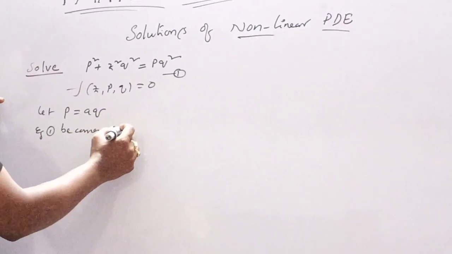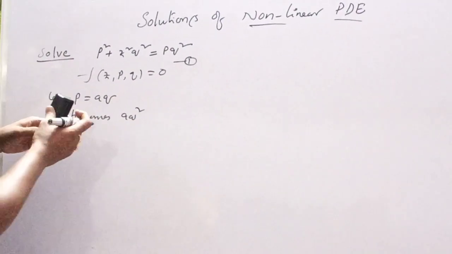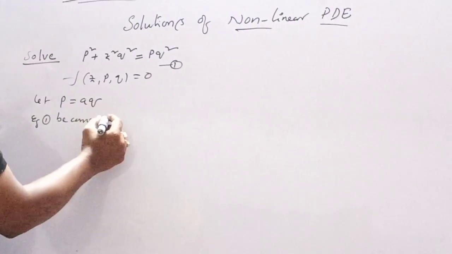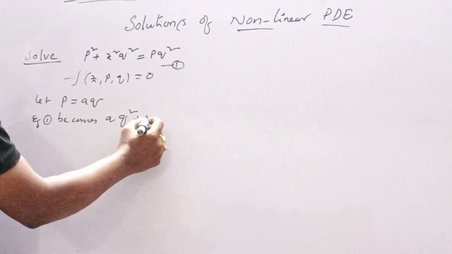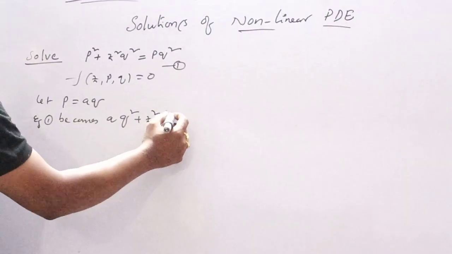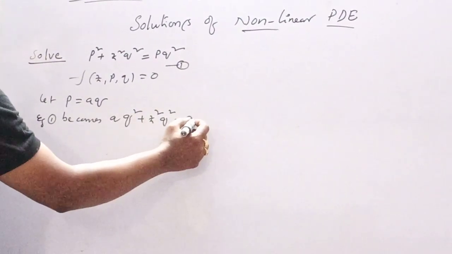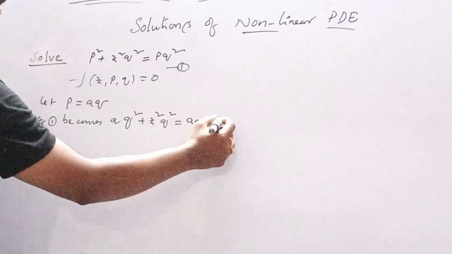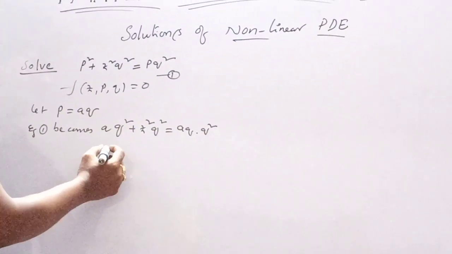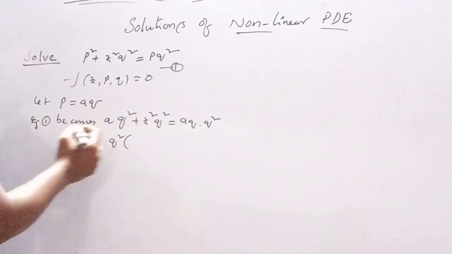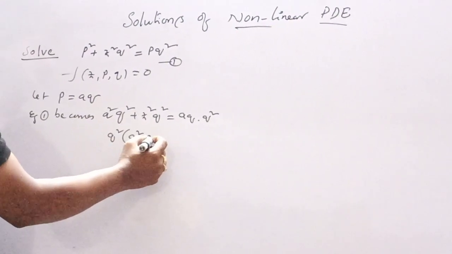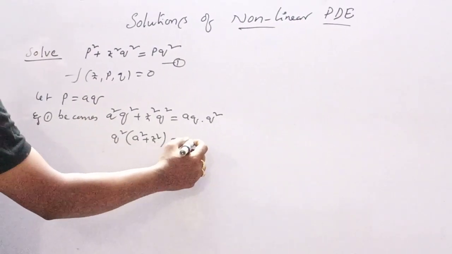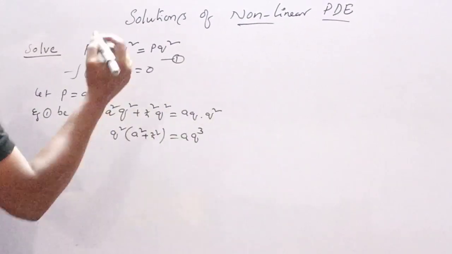a square q square plus z square q square equal to aq into q square. So q square common, q square into a square plus z square equal to a q cube.